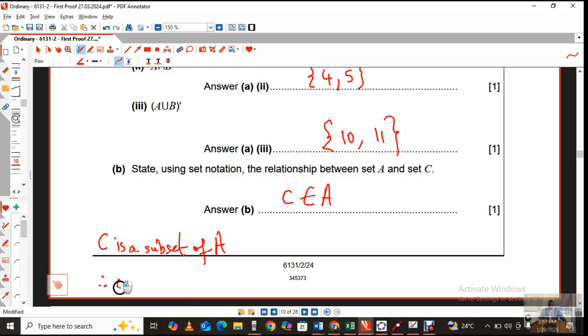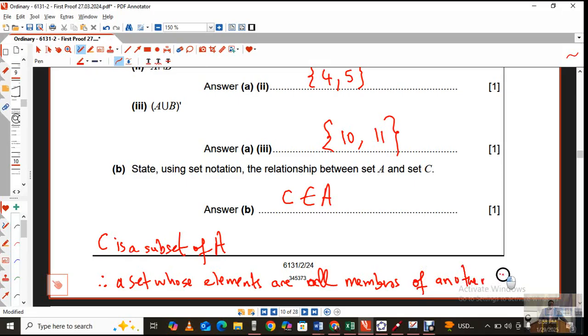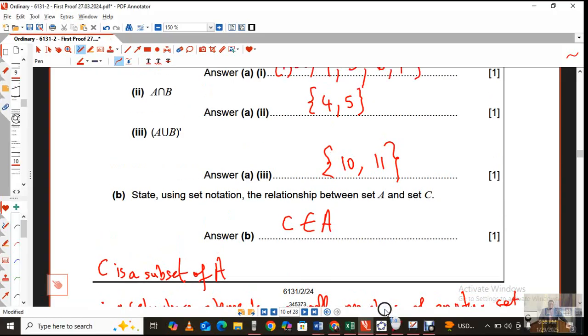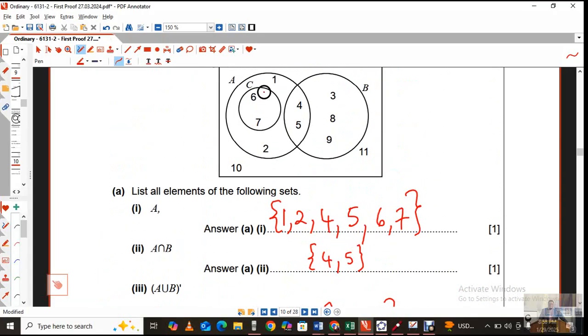A set whose elements, whose members, okay, are all members of another set. Like this C, the 6 and 7, they are all members of set A.